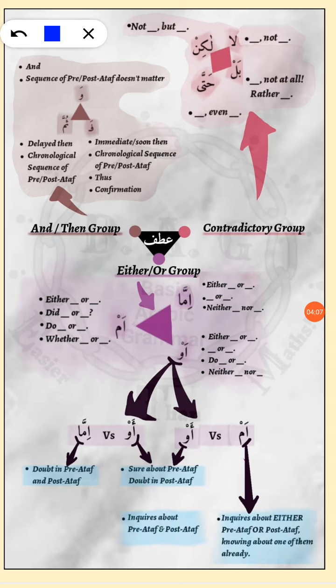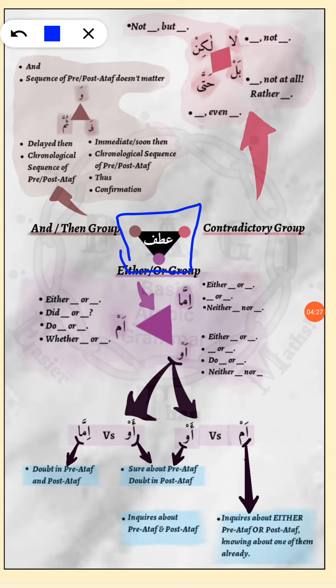First of all, you can see that there are three basic groups of haruf ataf. Once again, these groupings have not been mentioned in any textbook. I have arbitrarily grouped all 10 of these according to some similarities that I found between them.